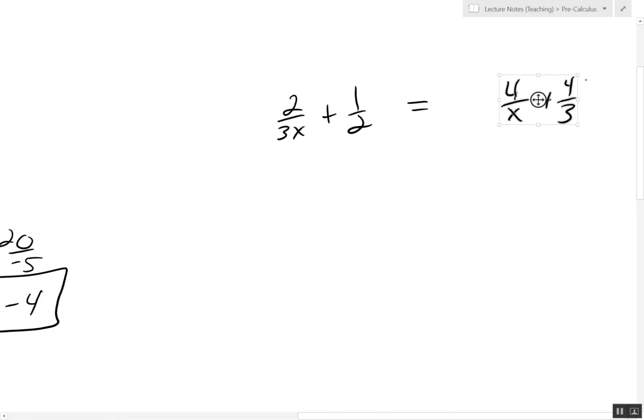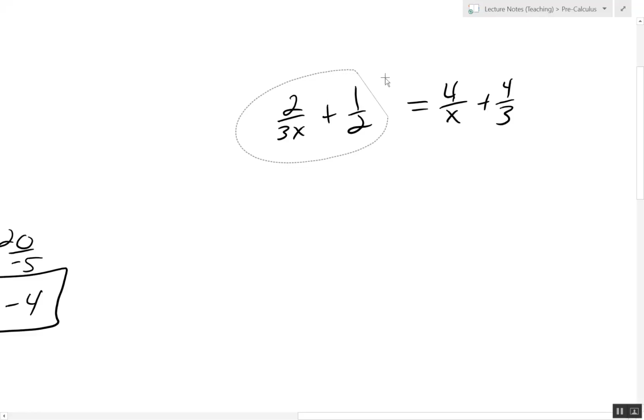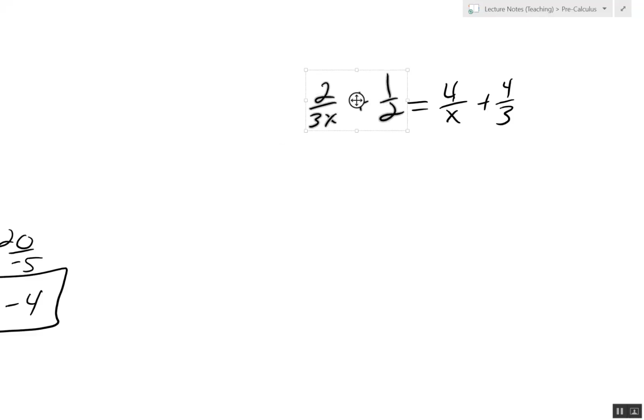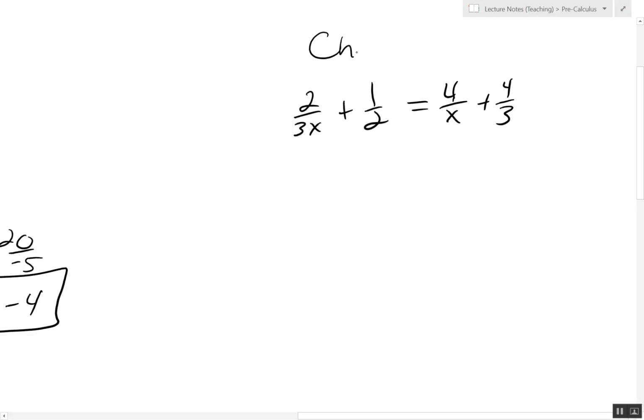And we want to check x equals negative 4 and see if we get a true statement. So when you do this, you don't move things to the other side. You just plug the number in and simplify each side.